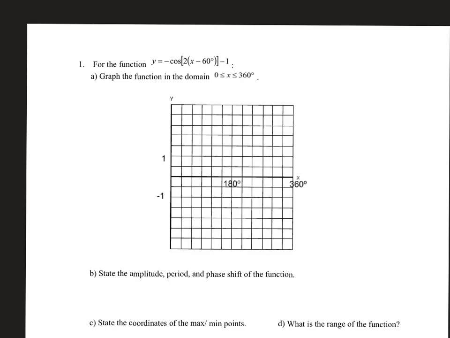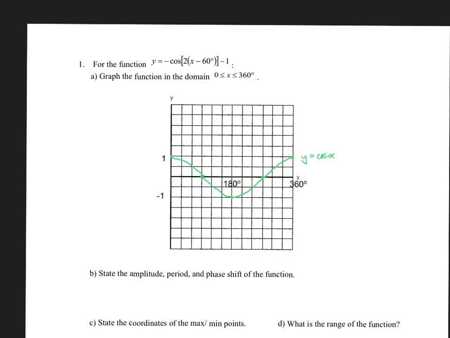We should know that our cos curve starts at the top and then falls and hits my 0 at 90, my minimum at 180, my 0 at 270, and my max again at 360. And so, if we put on a quick sketch, there is my base graph of cos x.